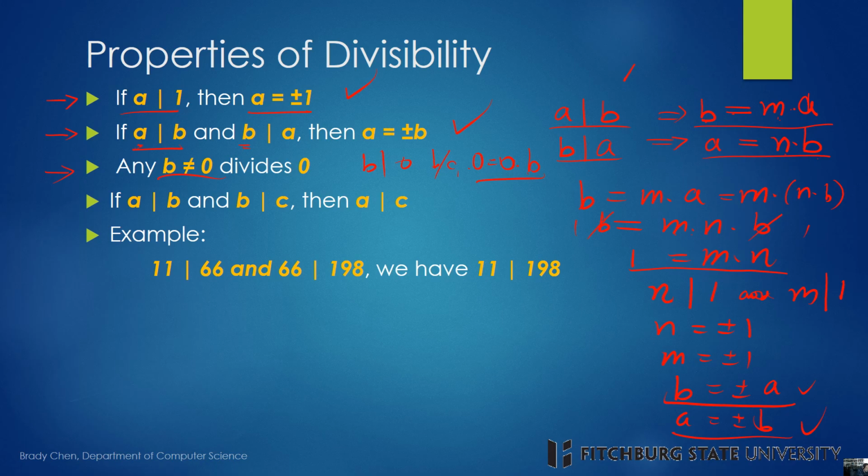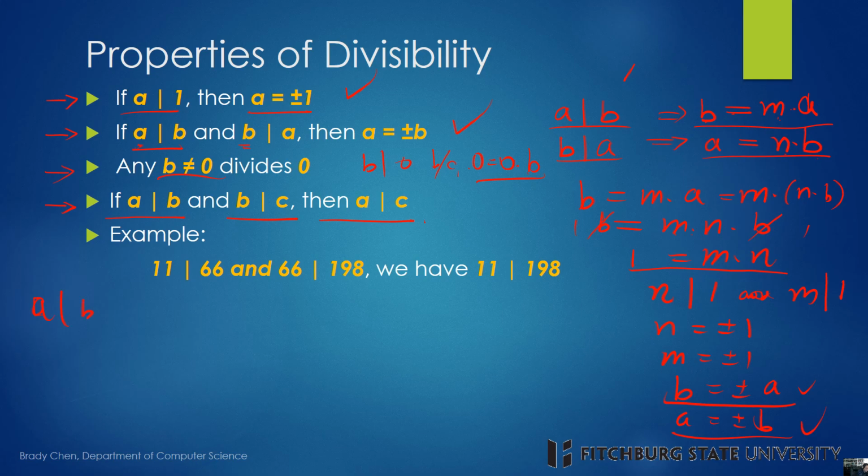Now, the fourth property: if A divides B and B divides C, then A divides C. To prove this, again, we're going to use the definition of division. So let's prove this.